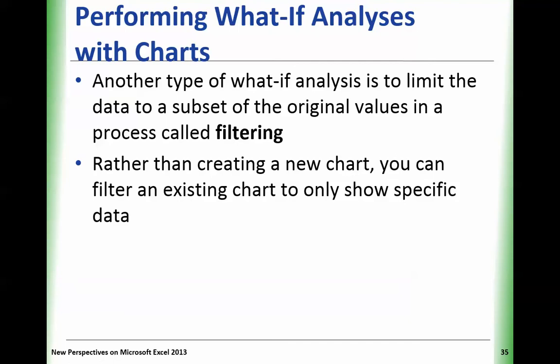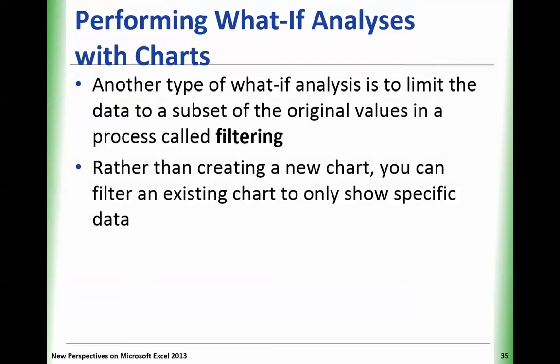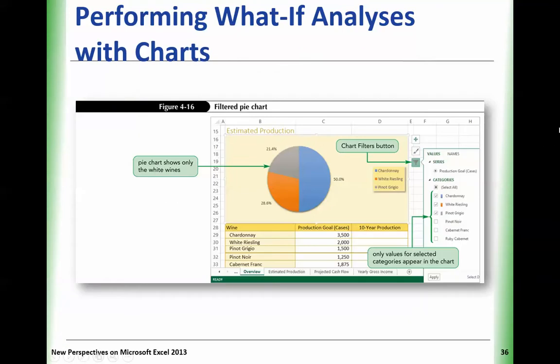Another what-if type analysis to limit the data to a subset of the original values is a process called filtering. Filtering is a unique feature in Excel where you can take a data range or data series that you're using for a chart and filter it down to whatever specifications you have set. So we have this data range, and we have a pie chart. We're going to use a filter over here.